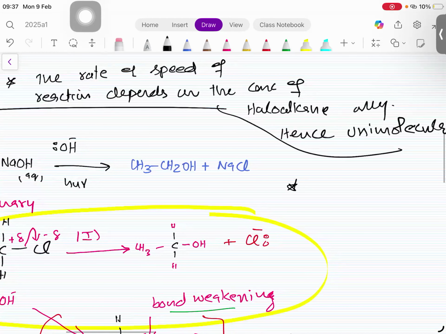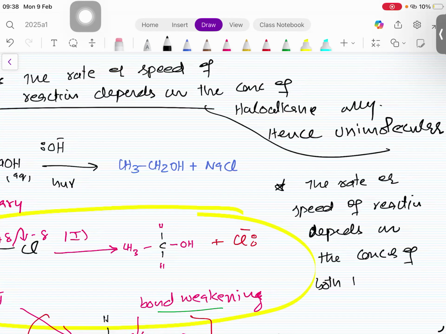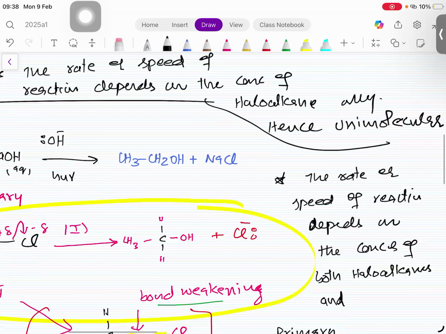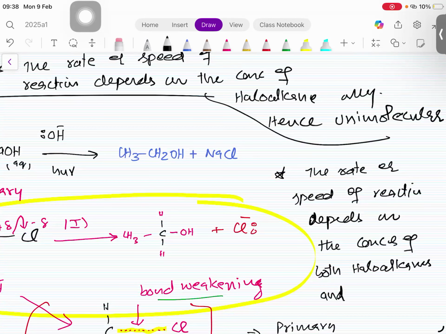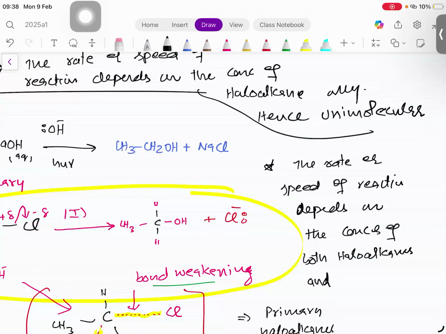The rate or speed of reaction depends on the concentrations of both haloalkanes and hydroxide ions, the nucleophile, or NaOH, in other words.